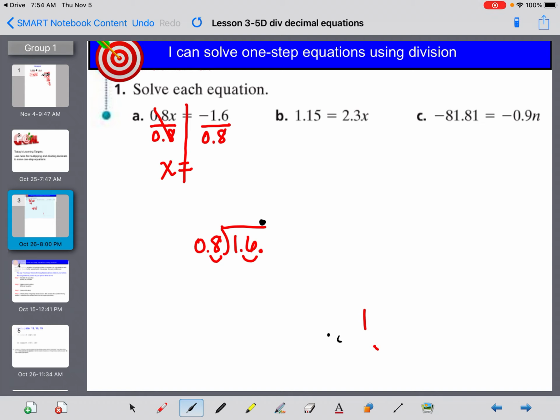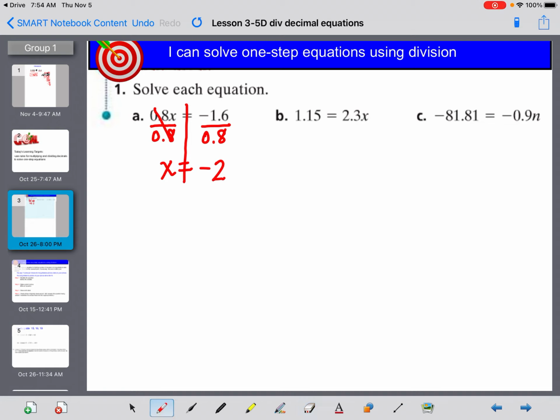Now I'm ready to divide 16 divided by 8. 8 doesn't go into 1, and 8 does go into 16 2 times. And it comes out even. My answer is 2. But wait, I have to decide if my answer is positive or negative 2. Negative 1 6/10 divided by a positive 8/10 is a negative 2/10.